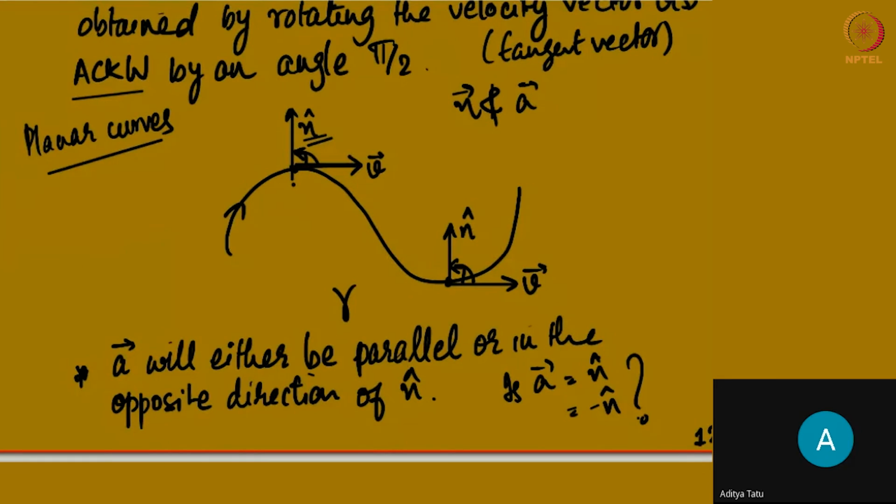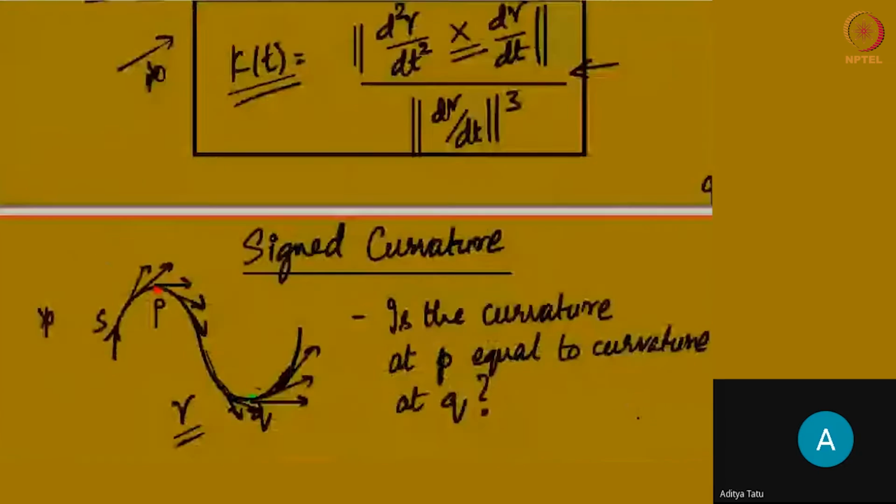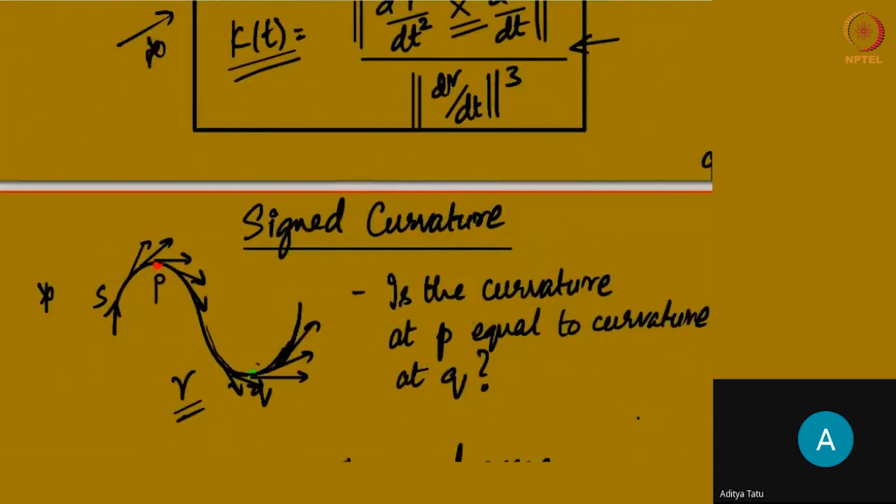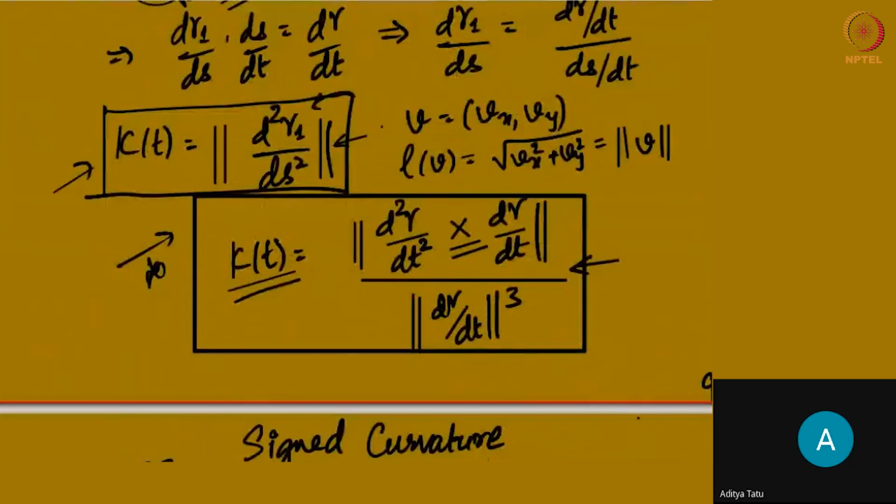That is something we just defined, right? So can we rather say A cap might be equal to n cap or minus n cap? Exactly, right. There's no doubt about it. But the question is, how about the vector A? What is the length of that vector called? The curvature, isn't it? Yes, sir.